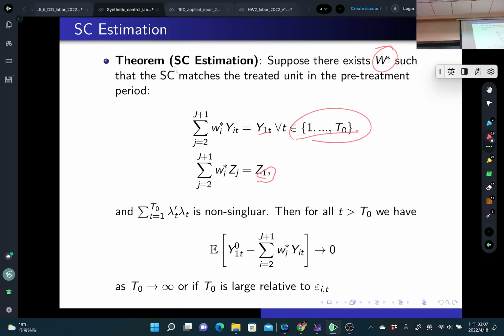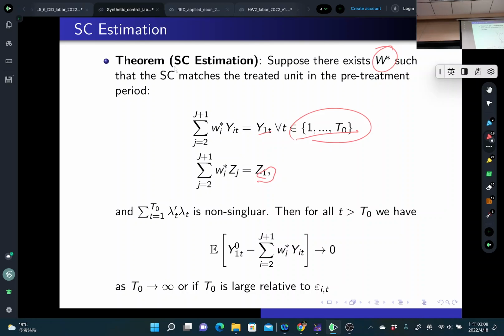Given this, we can claim that after treatment happened, for T bigger than T0, the difference between the Y0 for the treated unit 1 and the weighted average of the observed outcome of the control group will converge to 0.